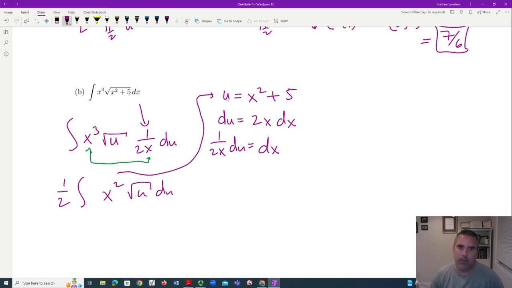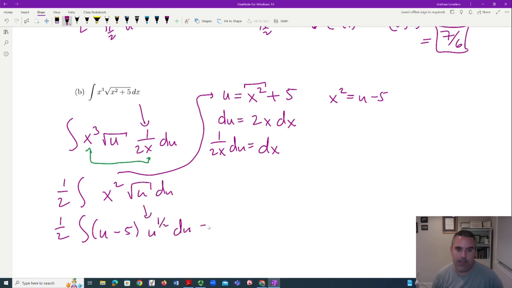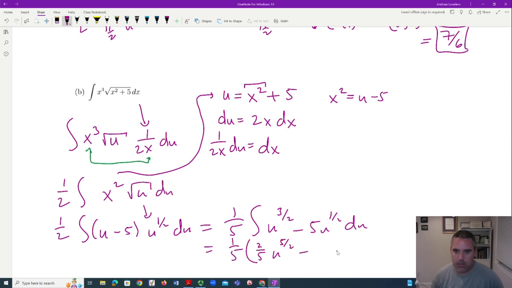You go up here and you solve for x squared. So x squared is u minus 5. So you get 1/2 the integral of u minus 5, u to the 1/2. And now we're going to simplify and integrate. So this becomes u to the 3/2 minus 5u to the 1/2 du. And that's going to be 1/5 u to the 5/2 2/5 minus u to the 3/2 times 2/3 plus c.